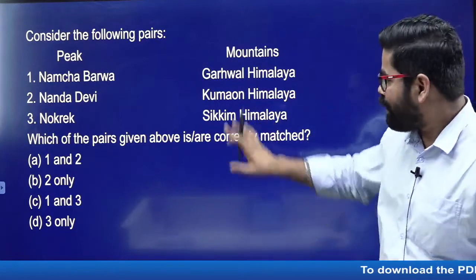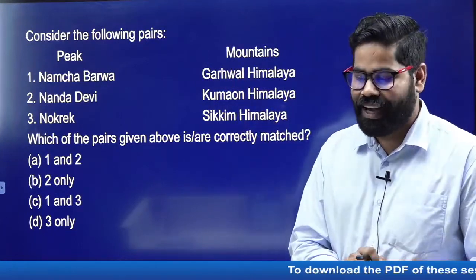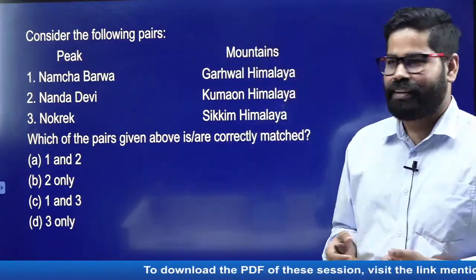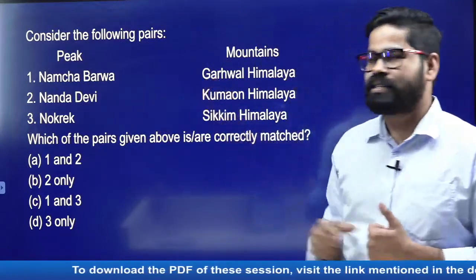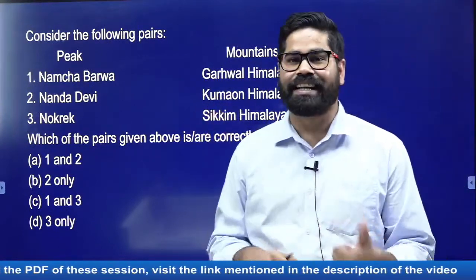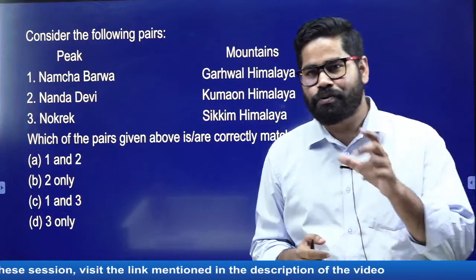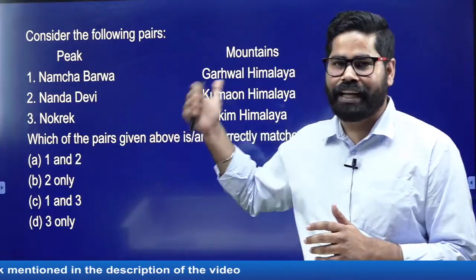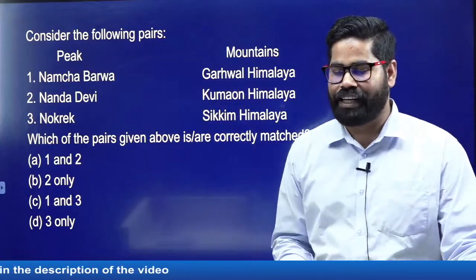You have these three options and you have to tell which of them are correctly matched. So this is one pattern of question: they can give you the peaks and the mountain ranges, and you have to identify.